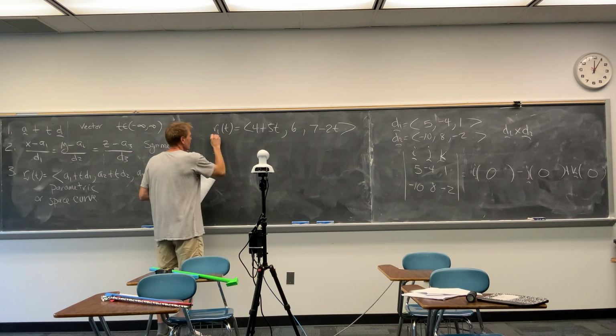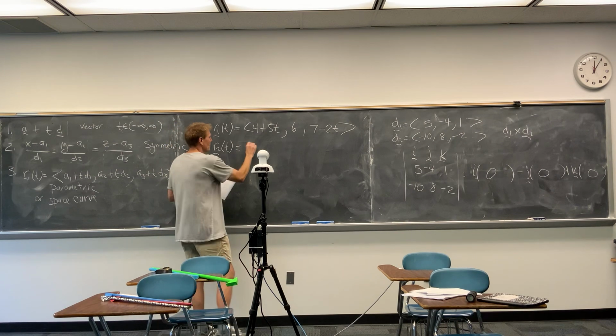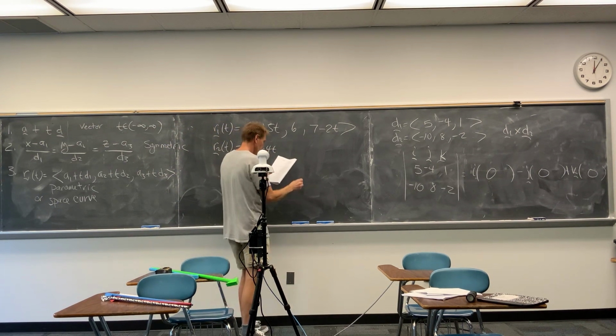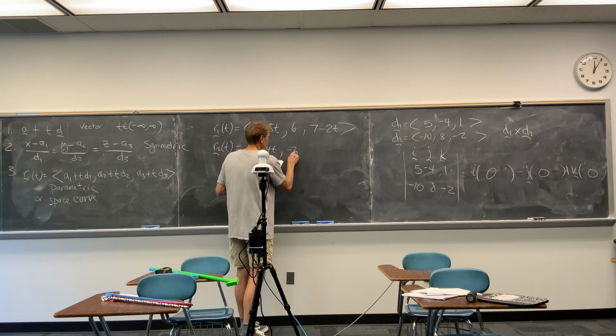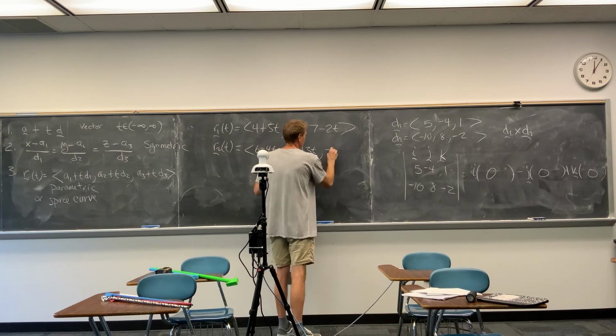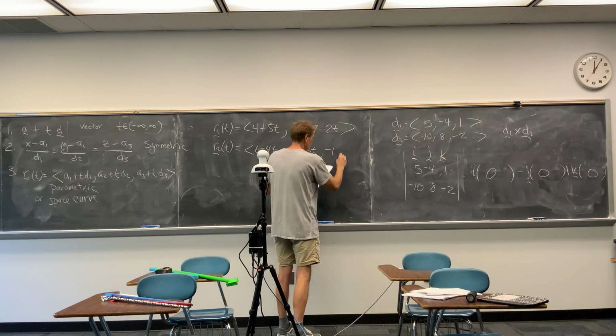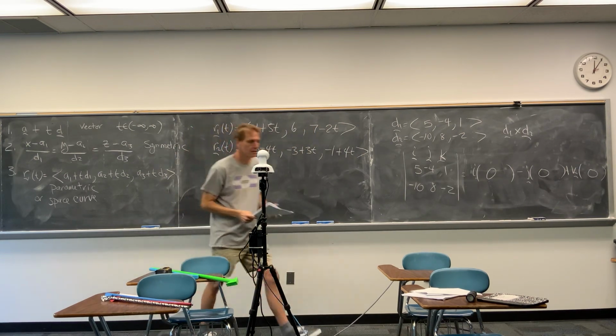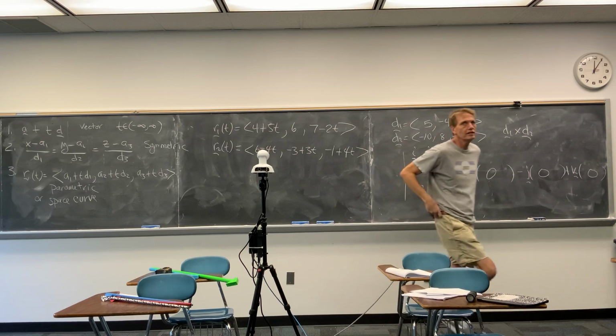My second line as a space curve is 6 minus 4t, negative 3 plus 3t, and negative 1 plus 4t. Now imagine you're on the test, and I ask, do these lines intersect?